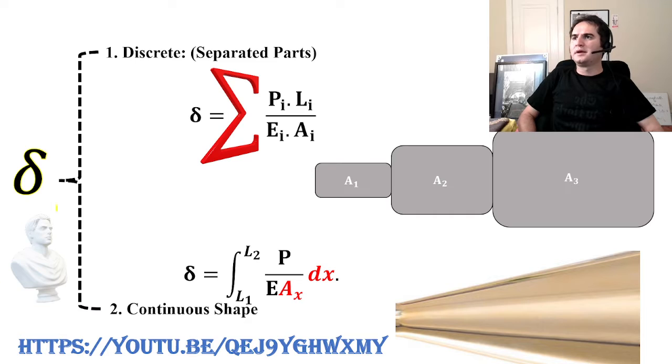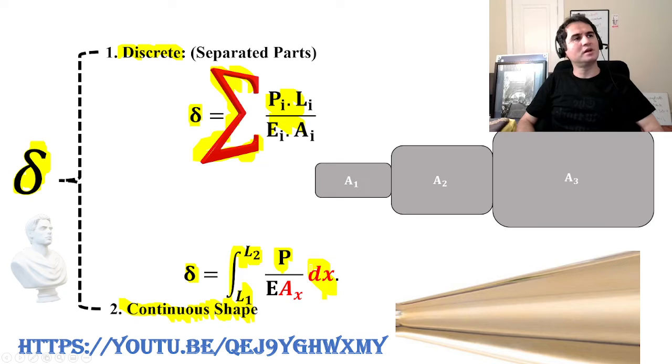Again, in delta, we do have a discrete part which comes from axial deformation, from a summation of different sections, and delta which is provided for continuous shape, and that's an integration over the length of P over E A x dx.